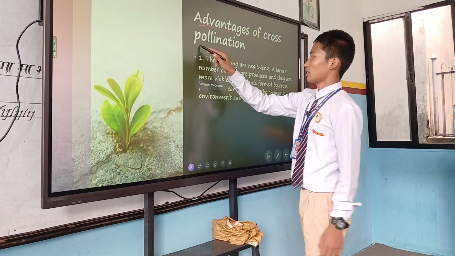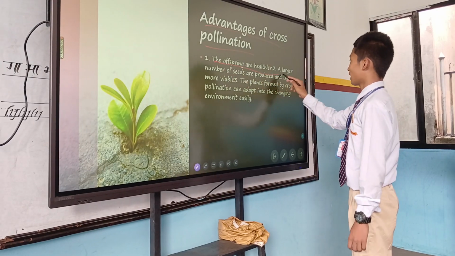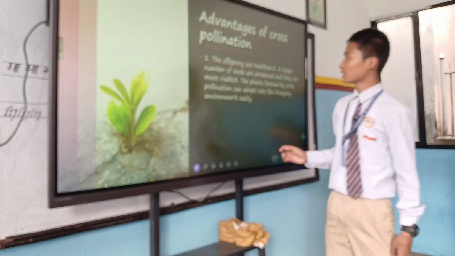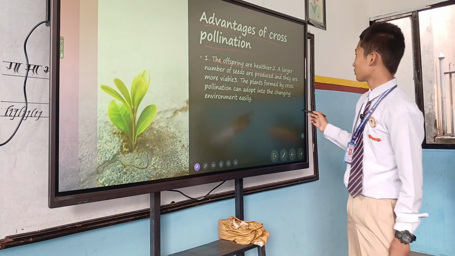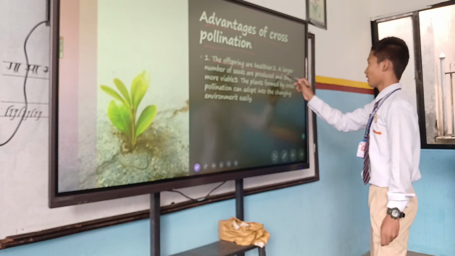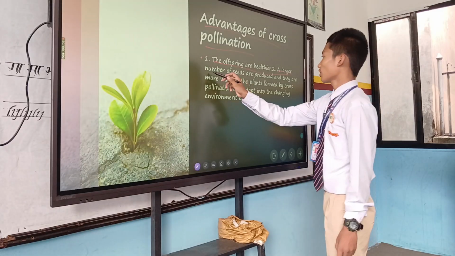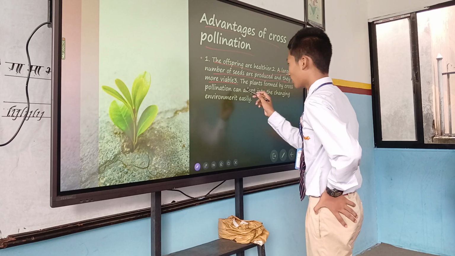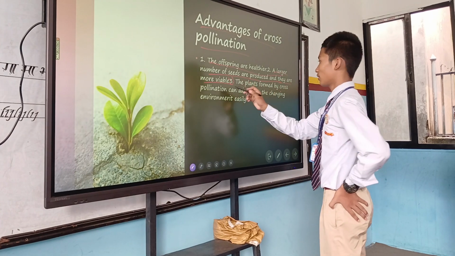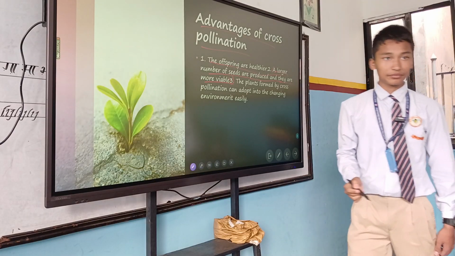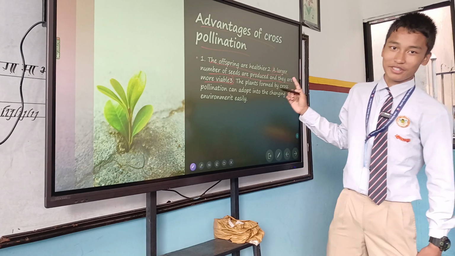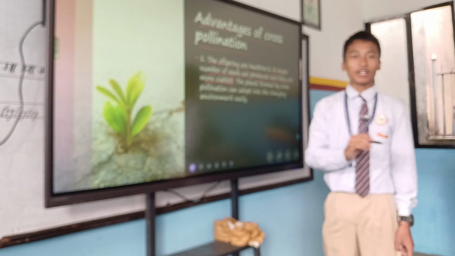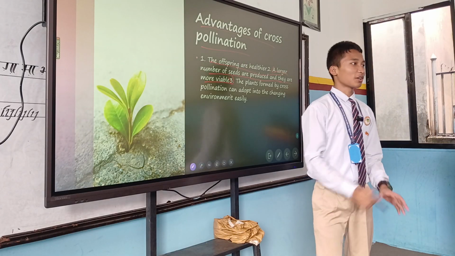Advantages of cross pollination: the offspring are healthier because of cross pollination, and they will survive for a longer period. Second, a larger number of seeds are produced and they are more viable. That means in self pollination, the production of seed is guaranteed, but they do not produce a lot of seeds.